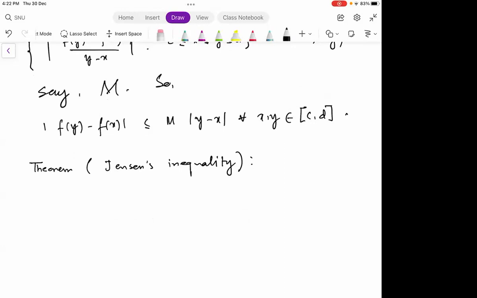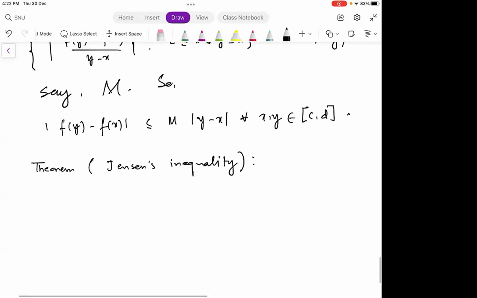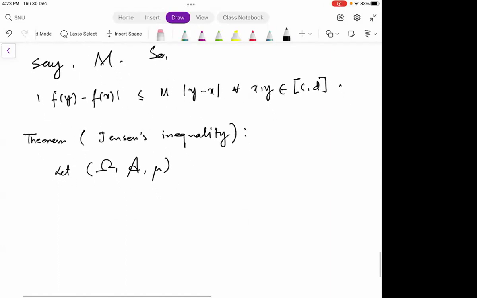Okay. Jensen's inequality. I shall assume some familiarity with measures. Let this be a probability space.